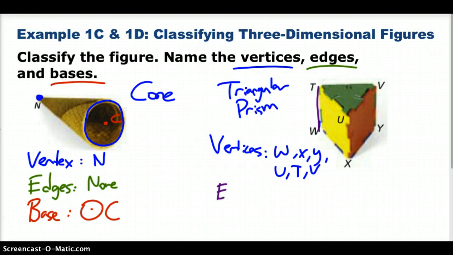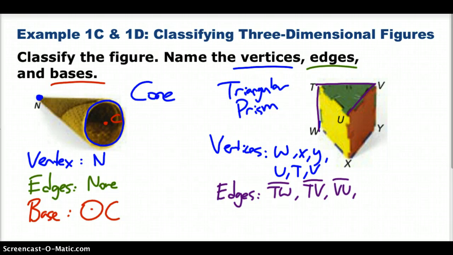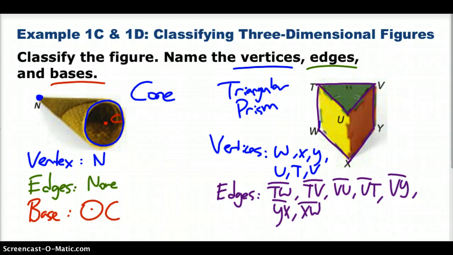So edges, in this case, would be TW, TV, segment VU, segment UT, segment VY, segment YX, segment XW, segment XU.